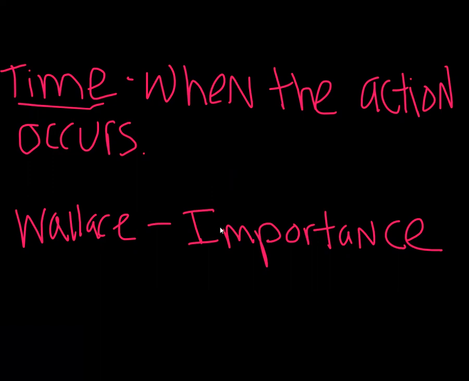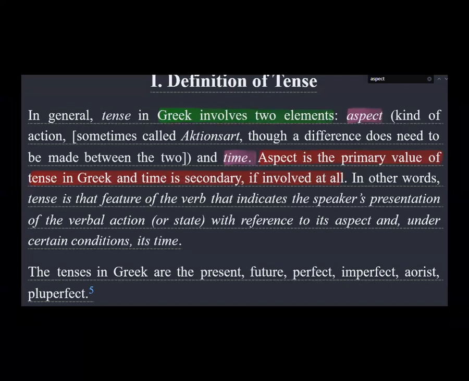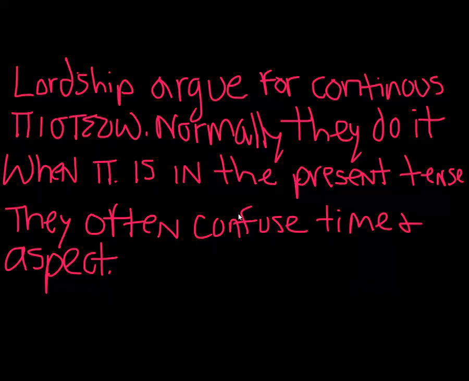Wallace says that aspect is more important than time when you're talking about verbs. So you can see here, in general, tense in the Greek involves 2 elements: aspect, kind of action, sometimes called action start, though a difference does not need to be made between the two. Well, other grammarians nowadays say there is. And time. Aspect is the primary value of the tense in Greek, and time is secondary if involved at all.